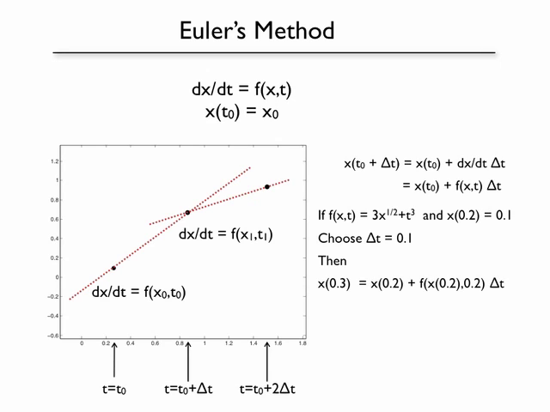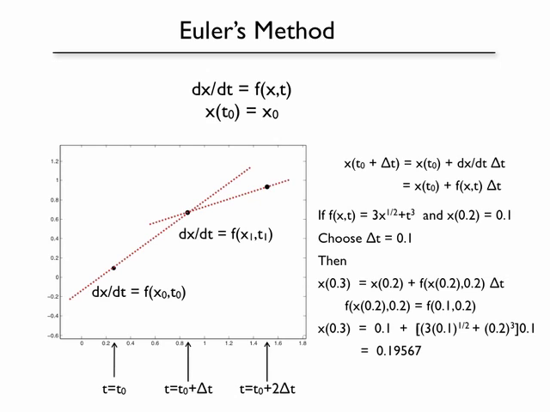So then we evaluate the function at x of 0.2 and at t of 0.2 and multiply by delta t. Now of course, x at 0.2 is what our initial specification of the problem gives, and so that's just 0.1. So we just need to plug 0.1 and 0.2 into that function, 3 times the square root of x plus t cubed. So we can plug that in, and we get a value.